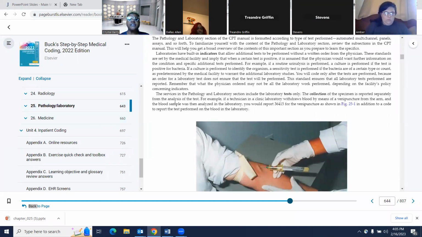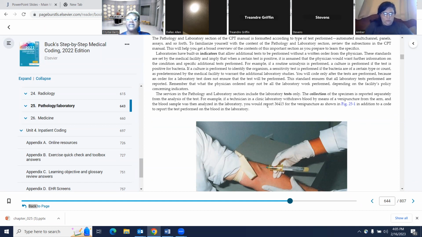The services in the pathology and laboratory section include the laboratory test only. The collection of the specimen is reported separately. So that's important to know. The collection of a specimen is reported separately from the analysis of the test. So this is an example.